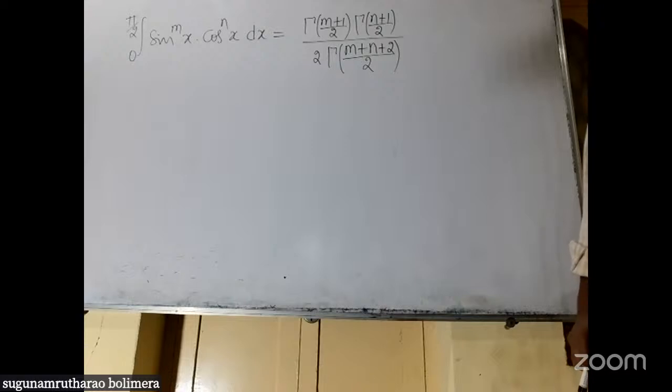Just remember this, and you know the value of gamma half, gamma 1, and gamma of m plus 1, how to find those values whenever they are required.